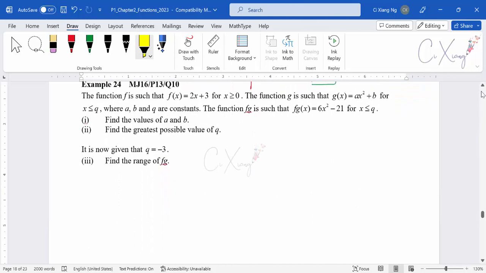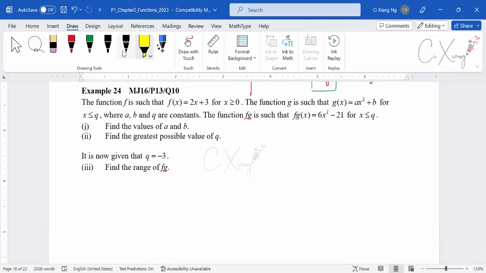They are saying that we have the function f(x) = 2x + 3 for x greater than or equal to 0, and then the function g(x) = ax^2 + b for x smaller than or equal to q, where a, b, and q are constants. The composite function fg is such that fg(x) = 6x^2 - 21 for x smaller than or equal to q.